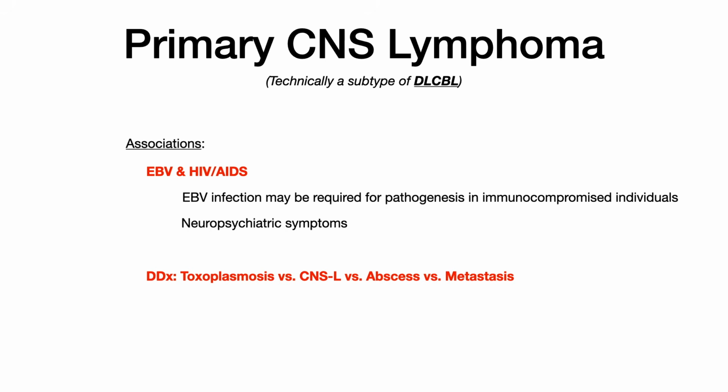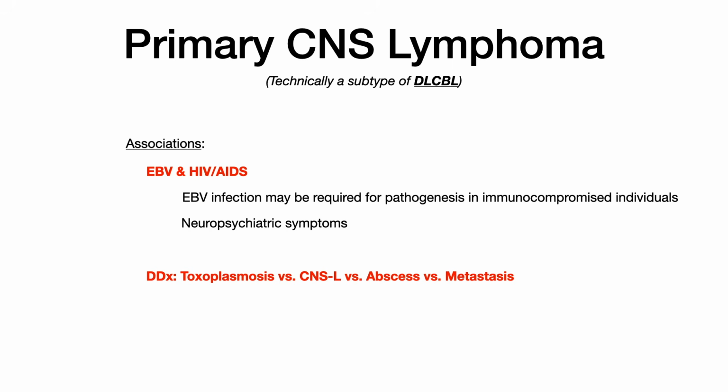So what you need to know for your exams is that primary CNS lymphoma is associated with EBV and HIV/AIDS. Now, EBV infection may be required for pathogenesis in immunocompromised individuals, so it's not like it's associated necessarily with one or the other. It is highly associated with both EBV and HIV/AIDS almost concurrently. And what you see here is a neuropsychiatric presentation. That is important to know.